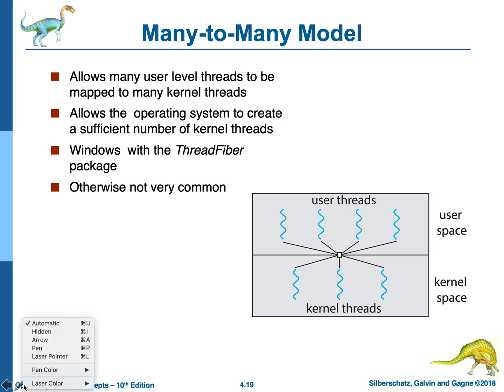Another, most efficient type is many to many. It means we might have 1, 2, 3 and 4 threads coming from the user level, while in the kernel level we have 1, 2 and 3. Not exactly the same number, but some number of threads are available here to deal with this set of threads. So this is non-blocking.